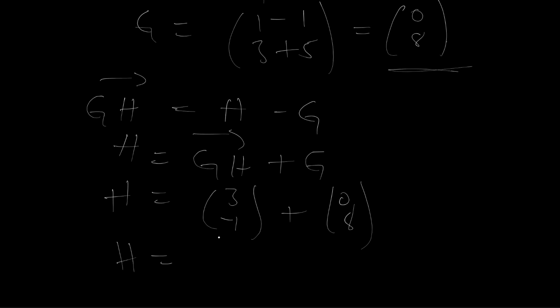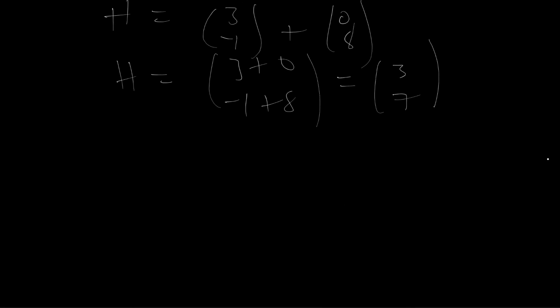Our H will be 3 plus 0, negative 1 plus 8. We should get (3, 7). So our H will be (3, 7).